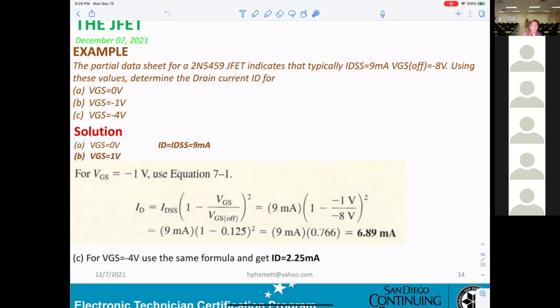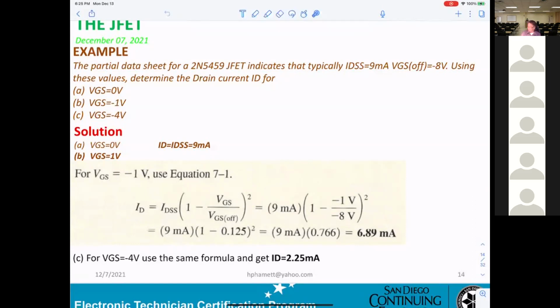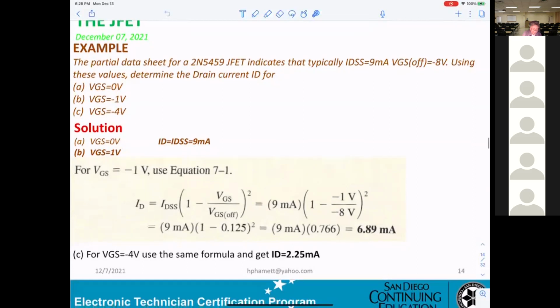You don't have to memorize the formula. Okay? If you can do it, that's much better. However, if you see the formula, you're able to do the calculation.